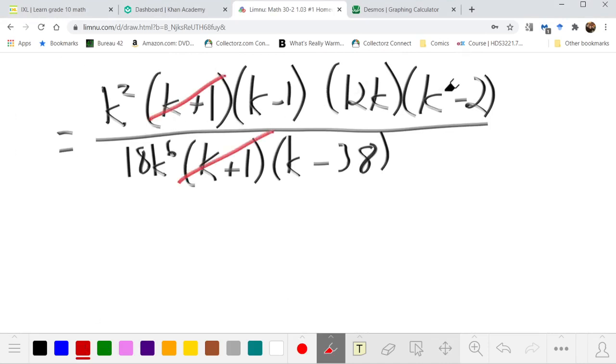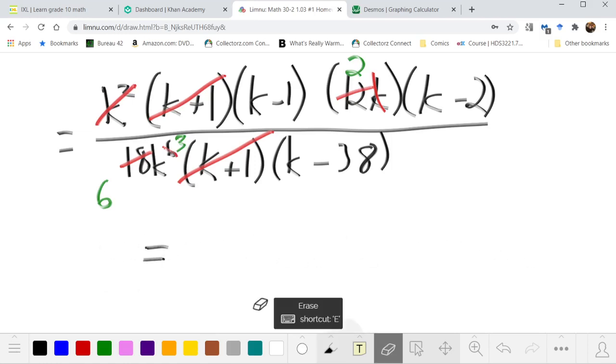The k plus 1 cancels. We have a simplification with our 12 and our 18 with a common factor of 6. We have 3 k's that we can cancel. So that becomes a 3. And then we collect our like terms.